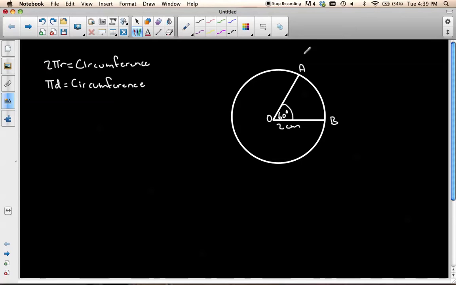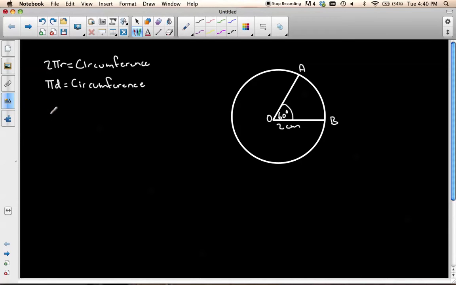Now, what we're going to be talking about today is how to measure the length of an arc. And we know that whenever we have a central angle, like the one that we have here, the part in between the two points is an arc. So right here, we have our central angle.